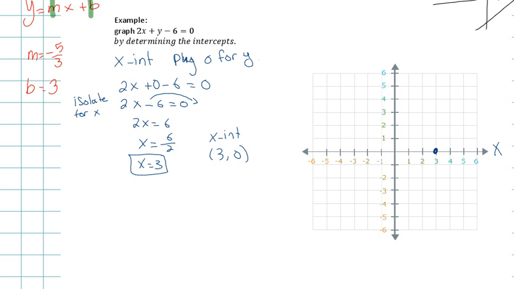Good. Now, if I want to find the y-intercept, what do I have to do? Plug 0 for x. So going back to my original equation, 2 times 0 plus y minus 6 equals 0.